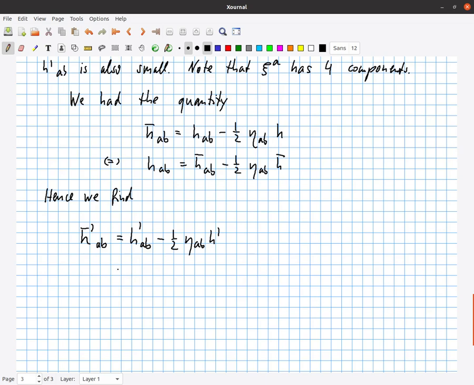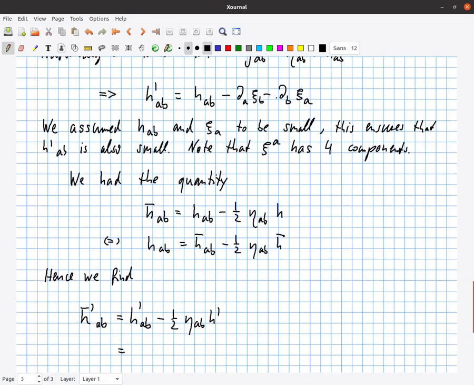We just said what this guy was. If I scroll up, we can probably see it. This is here. So we have h_AB minus partial_A xi_B minus partial_B xi_A minus 1/2 eta_AB h prime. h prime is the trace of this, which means we get here h.